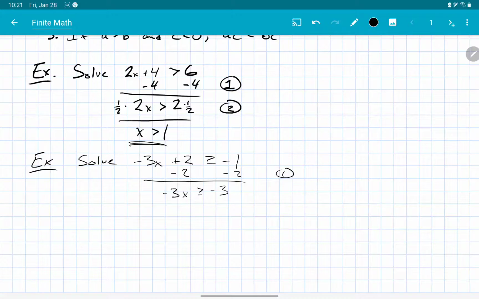Now, in order to isolate the x, I need to multiply both sides of this inequality by negative 1/3, not 1/3. So I have to multiply by negative 1/3. That is now property 3, and when I multiply that, it switches the sign around. So on the left-hand side, I now have x, then a less than or equal to sign, and on the right-hand side, I have 1. So when we multiply by a negative number, we have to switch the direction of the inequality.